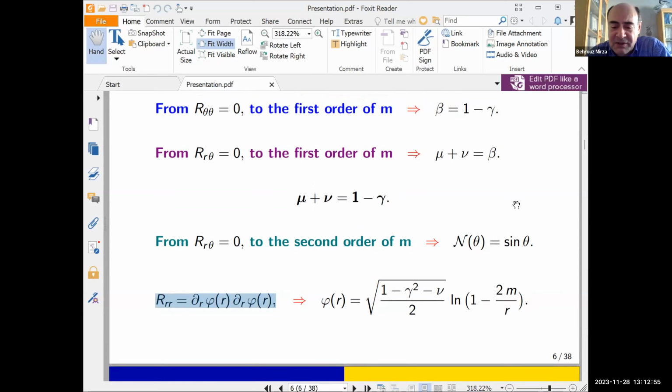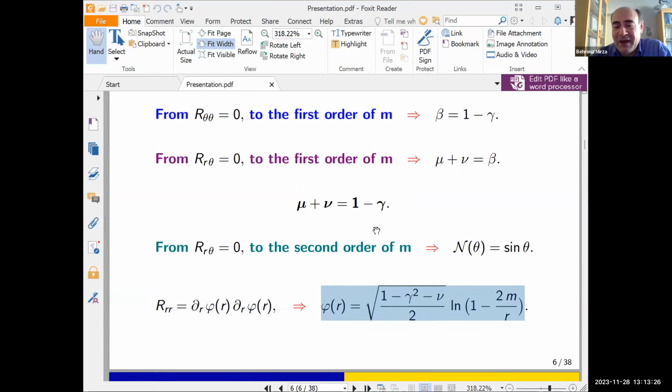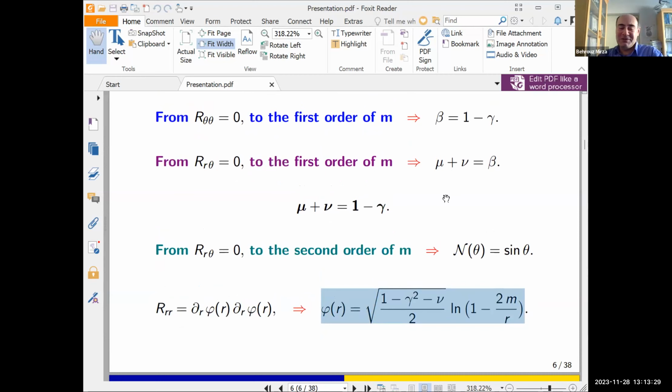I can't say anything more about this because phi is not exactly the source for the quadrupole moment. I can't say that phi is a source for quadrupole moments. As I said, the gamma metric also has quadrupole moments, and the coefficients of the metric depend on theta. What phi does for us is just to change these parameters mu and nu. And I cannot say more about this to you.